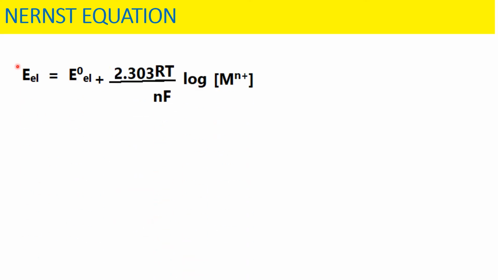We know the Nernst equation is that the reduction potential of the electrode is equal to the standard reduction potential of the electrode plus 2.303 times the universal gas constant times the Kelvin temperature, divided by the number of electrons involved in the balanced equation for reduction times the Faraday constant, log molar concentration of metal ions.